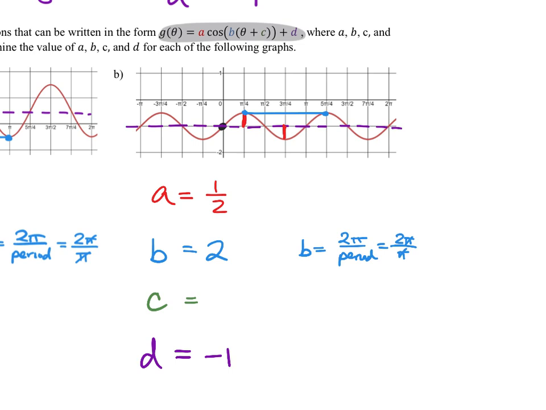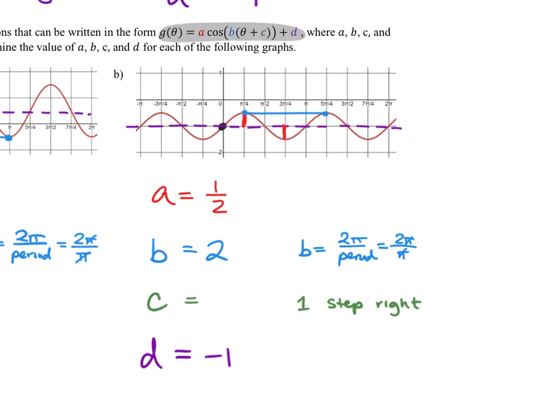I told you to write a cosine function, but it looks like a sine function. So we need to take a step in one of the directions. We're going to take one step right. Now, what is a step here?